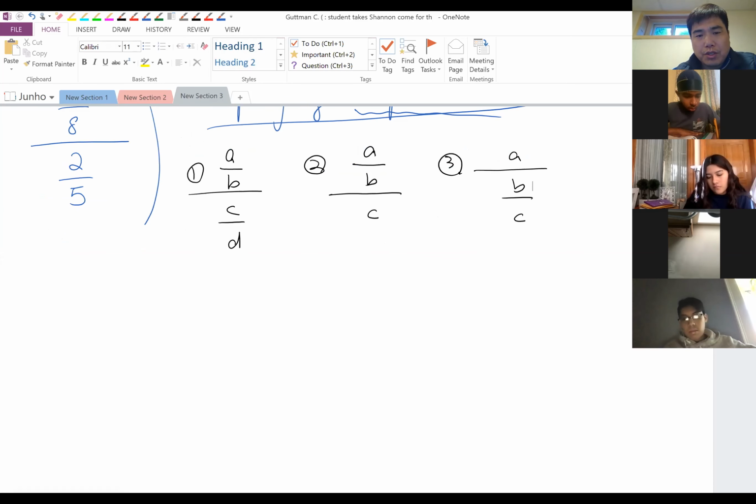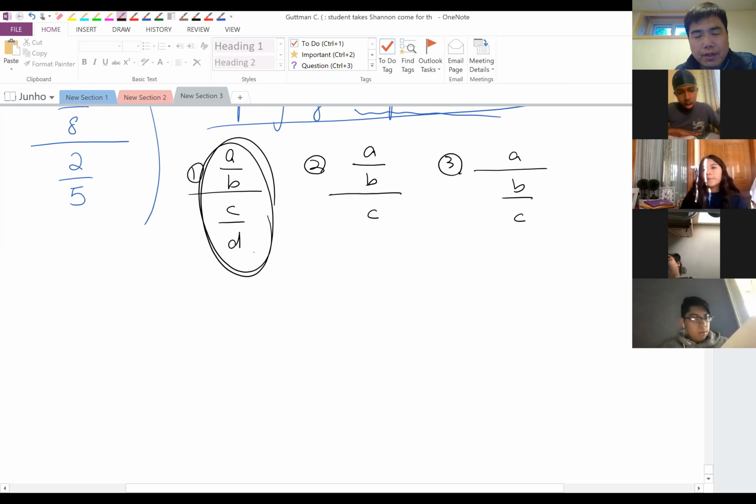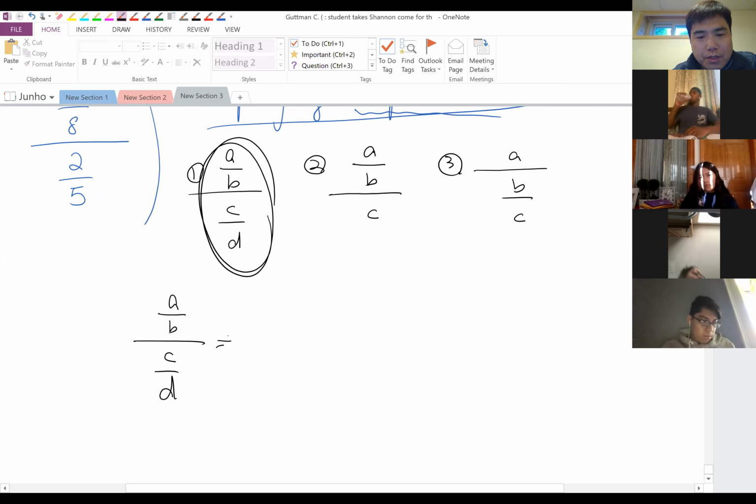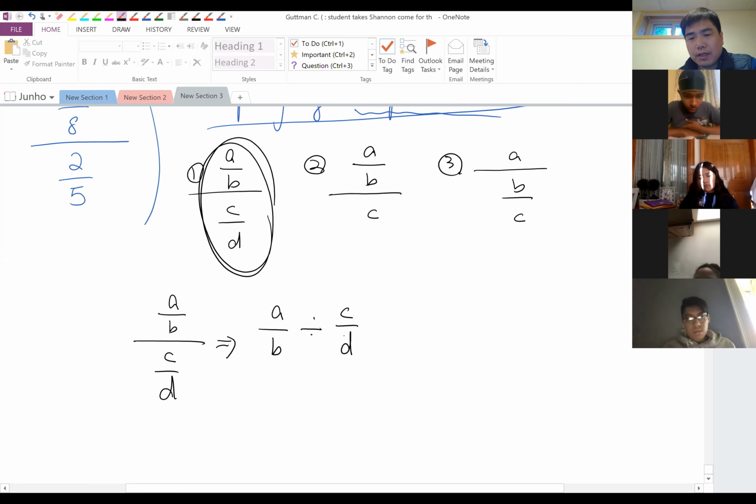A over B over C over D means A over B divided by C over D. So you can rewrite this as A over B multiplied by D over C, and then you simplify, usually A times D over BC.